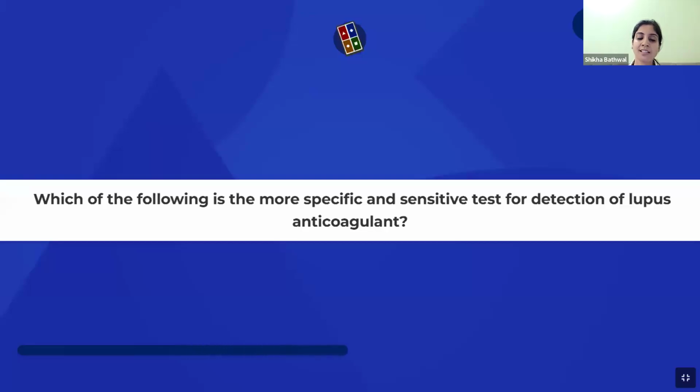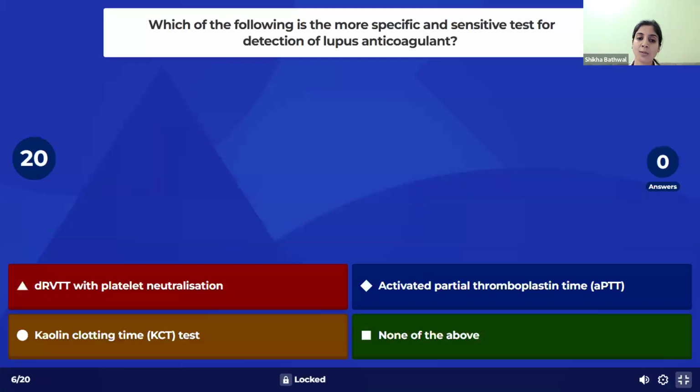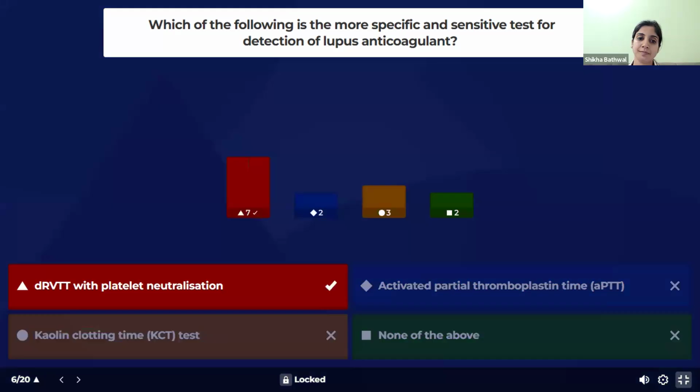Which of the following is the more specific and sensitive test for detection of lupus anticoagulant? DRVVT with platelet neutralization, APTT, Ecarin clotting time, or none of the above. Okay, so yes, the dilute Russell viper venom test is the more specific one, and 7 people have got the correct answer.